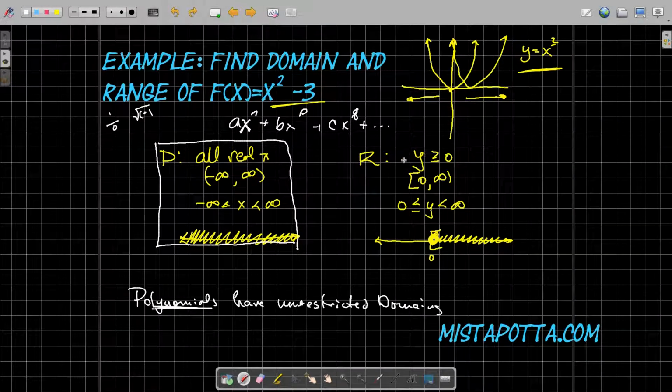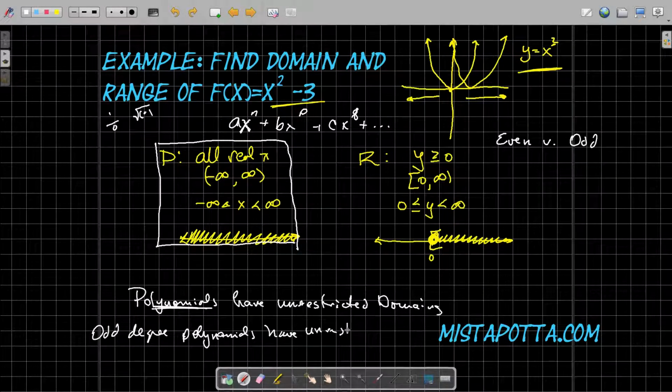Now, my restrictions may happen on my range just because we're dealing with the idea of even versus odd. But in general, if I'm dealing with a polynomial, odds, so odd degree polynomials, are going to have unrestricted range.